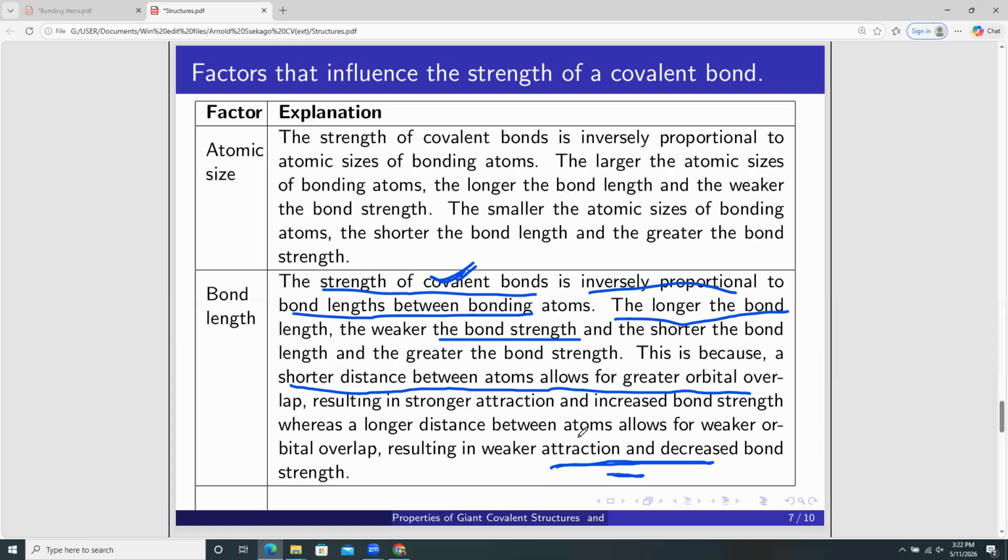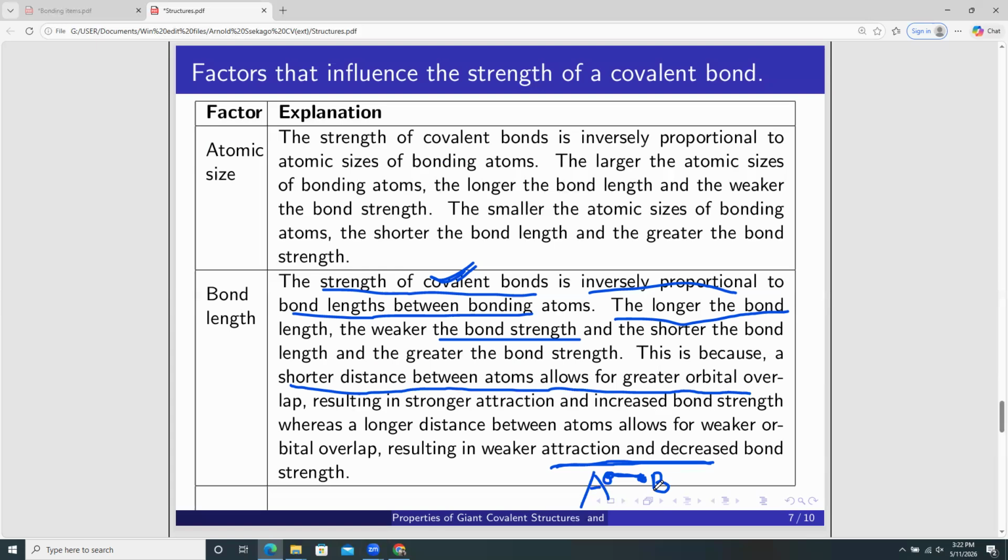What does this mean? A shorter distance will mean that these atoms, for example atom A and atom B, are very close to each other. If the bond is short, the orbitals within these atoms are close to each other, and that allows for greater orbital mixing.